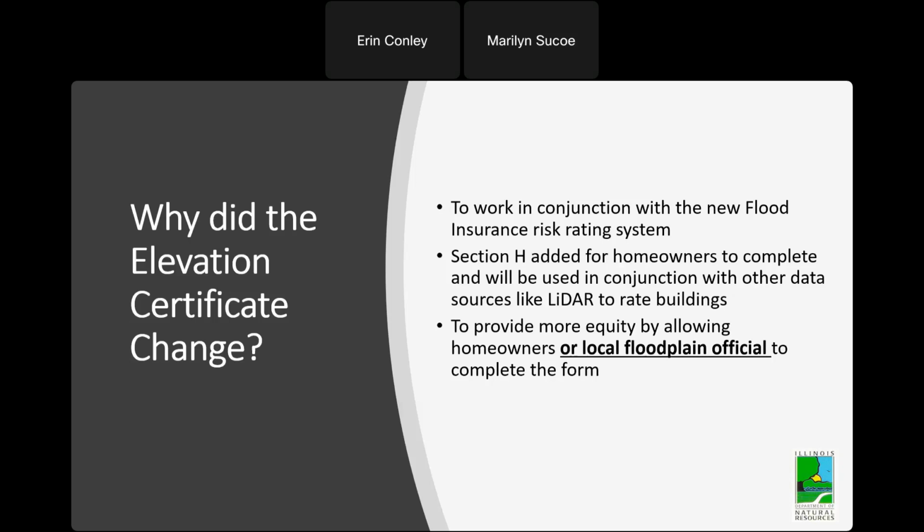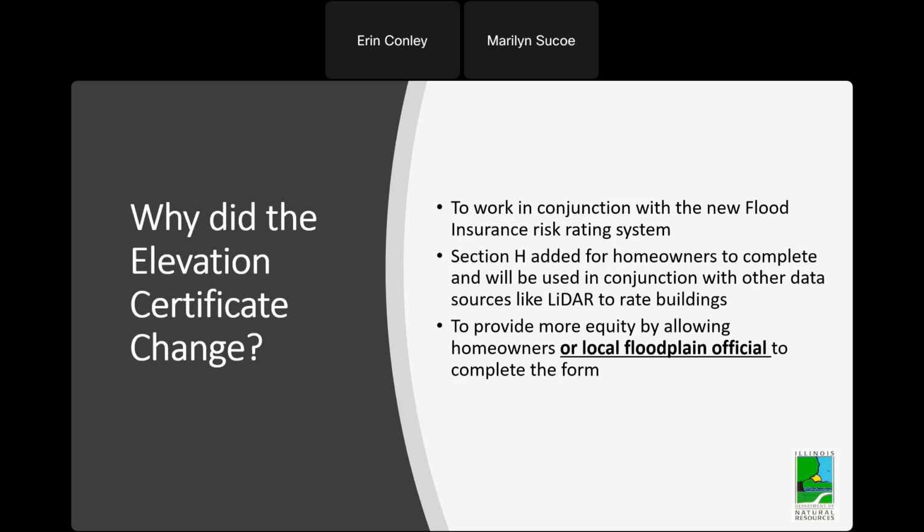So Section H was added to allow for homeowners to complete the data on depth to their lower level and first floor elevations. There's always been a section that allowed a homeowner to do that for Zone A's and, I believe, AO and AH.